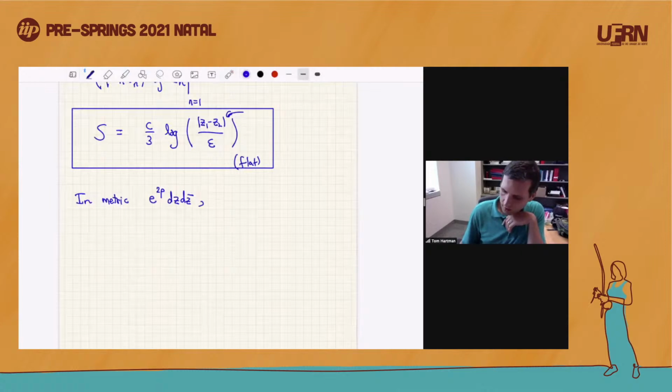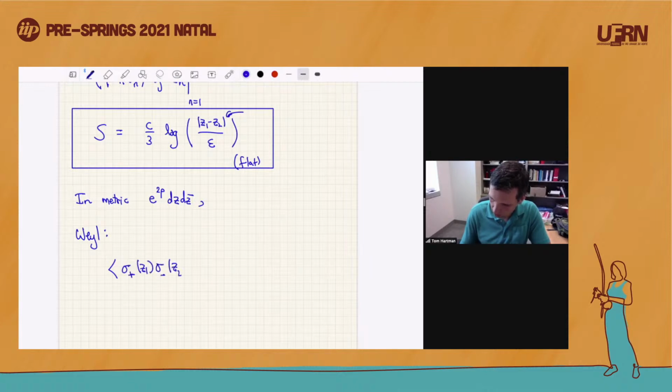Fortunately, we know how to do a Weyl transformation on a conformal correlator. This thing is just acting like a 2-point function. So what happens is that this sigma plus of Z1, sigma minus of Z2 just gets Weyl transformed.